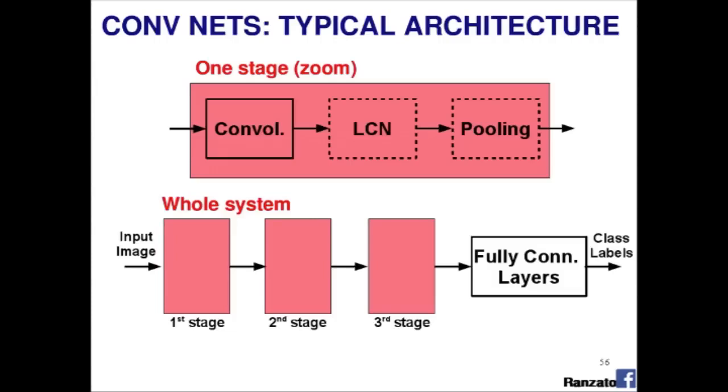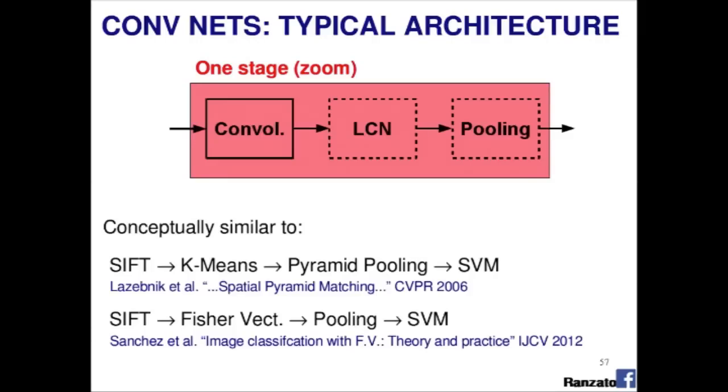And this is not so different from standard traditional computer vision approaches. For instance, SIFT can be seen as also being one stage of filtering, normalization, pooling, right? And then on the top of it, you add another stage for doing k-means pyramid matching and SVM. So it's not so different.